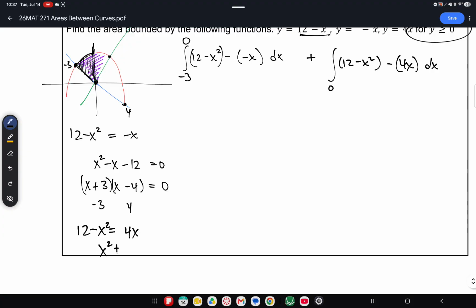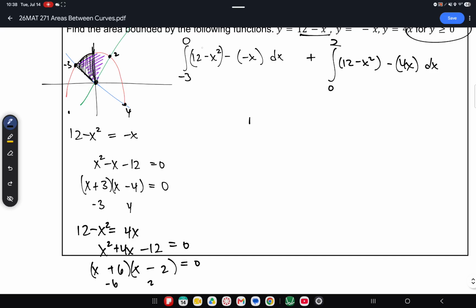So x squared plus 4x minus 12. And let's see, two numbers would be probably 6 and 2. Positive 6, negative 2. So they're going to intersect at negative 6, which would be this point down here, and positive 2, which is going to be right here. So from 0 to 2.